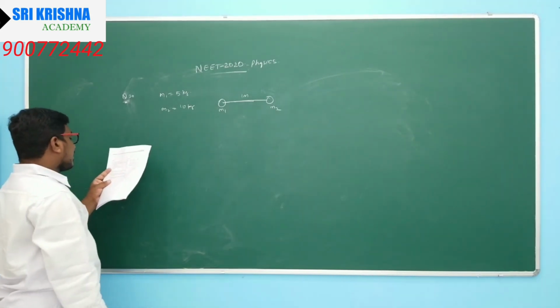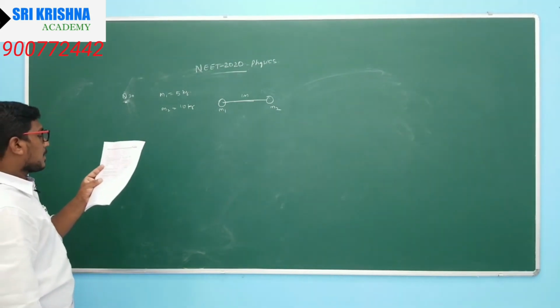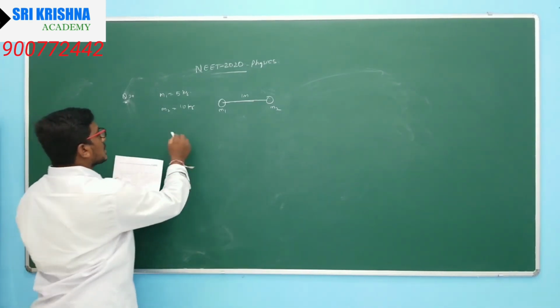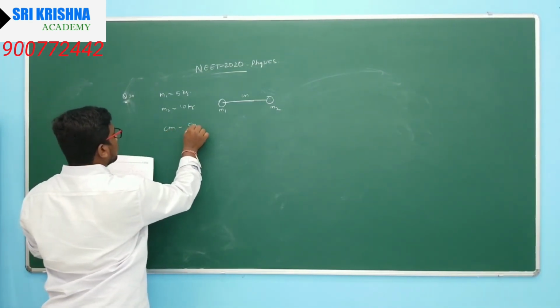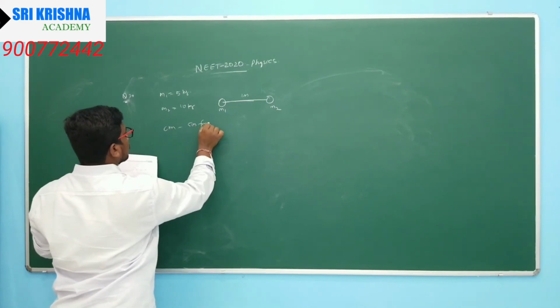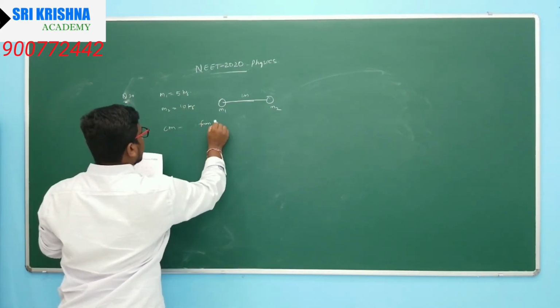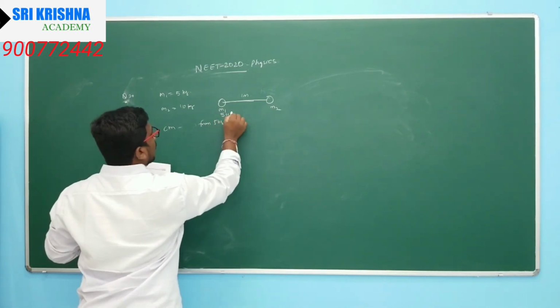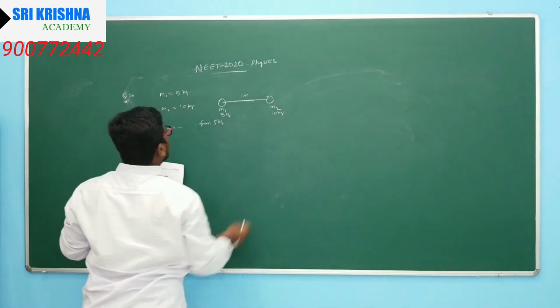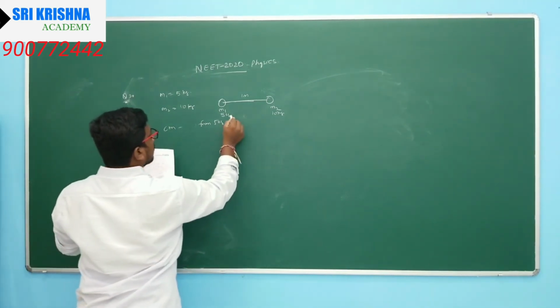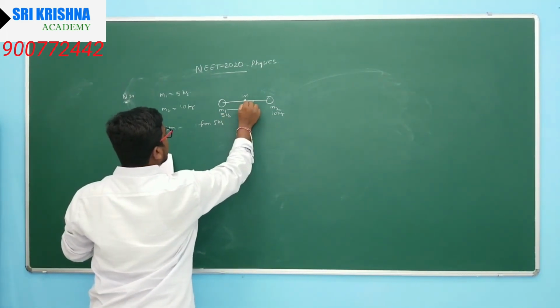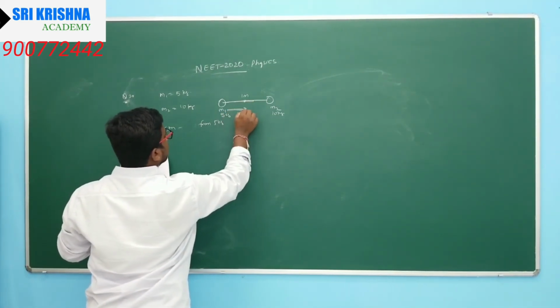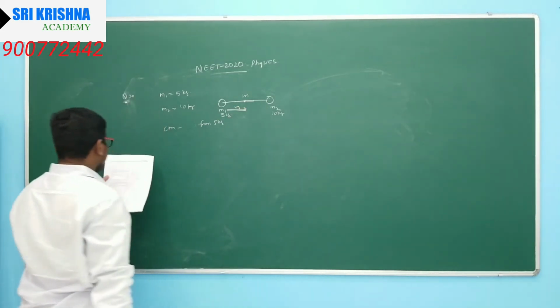It is asking for the center of mass of the system from the 5 kg mass. Let's say this is 5 kg and this is 10 kg, and the center of mass is here. Let's say this distance is R1.